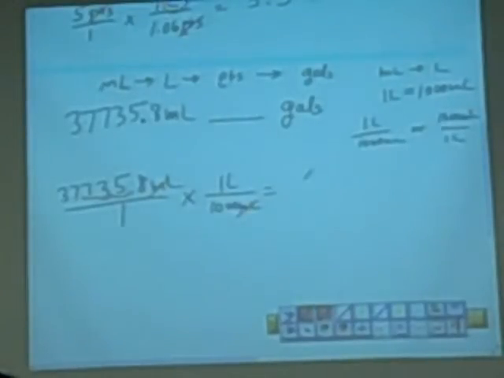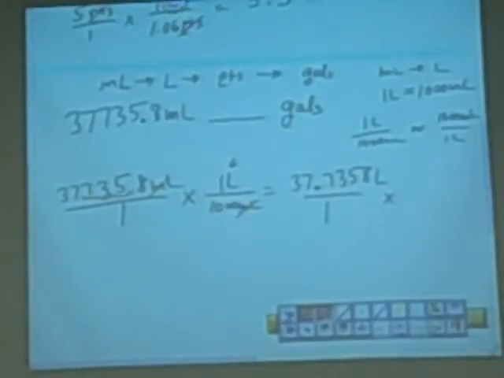So now we've got 37.7358, and what's our units? Liters, right? Over 1.